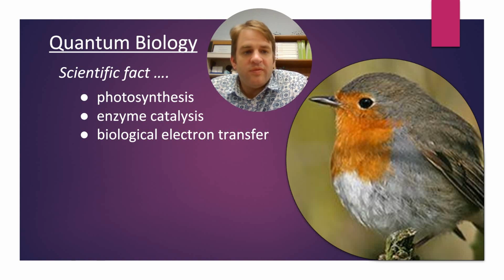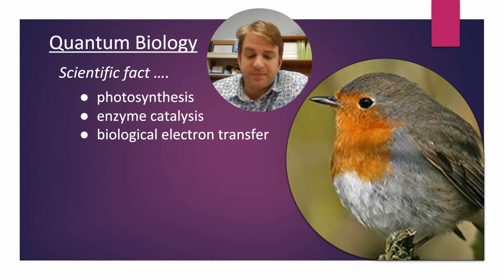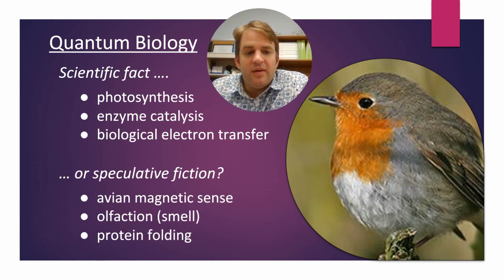It's very well established that photosynthesis, the ability for plants to absorb energy from the sun, certain aspects of enzyme catalysis, and biological electron transfer mechanisms all involve inherent quantum mechanical effects. But other areas of quantum biology are less well established.